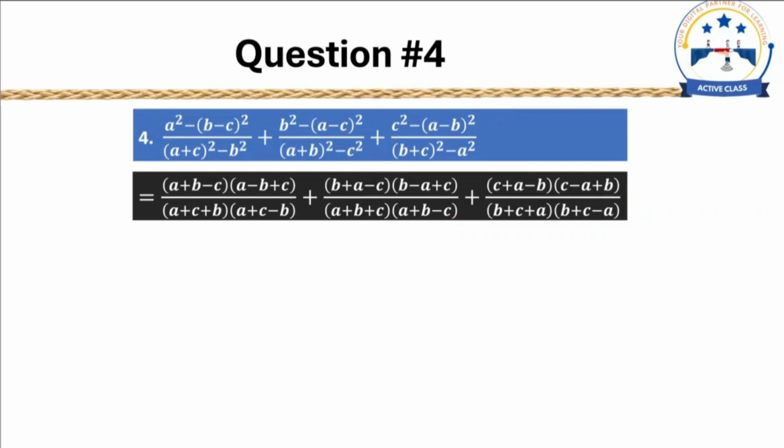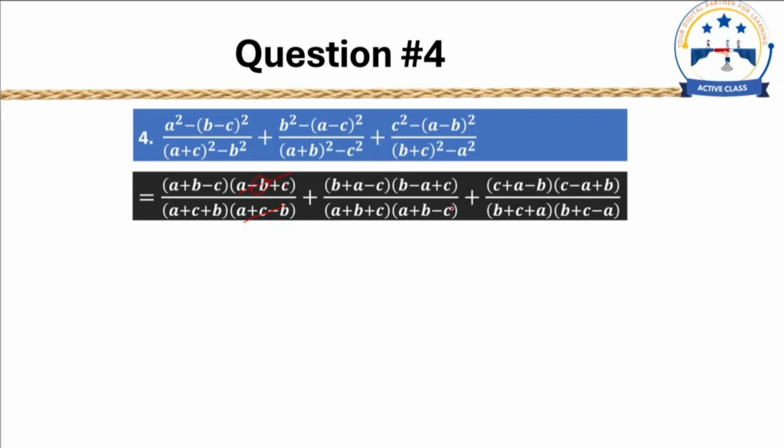Now, if possible, we cancel the same factors from numerator and denominator, right? Look here. In the denominator, I've got a plus c minus b. b is minus, a and c are plus, right? b minus, a and c plus means even though their position and order are different, they have the same symbols, so we call them like factors or same factors, so we can cancel them, okay? This one and this one.